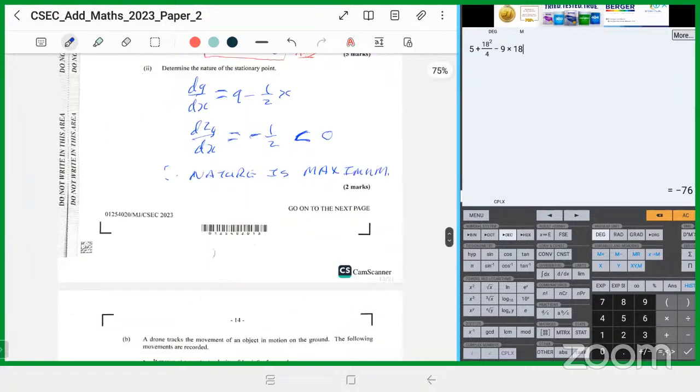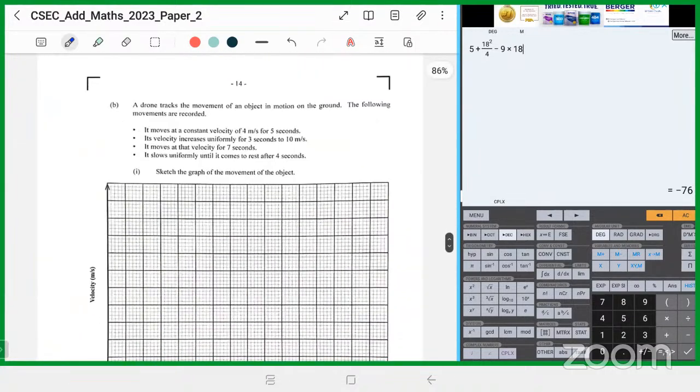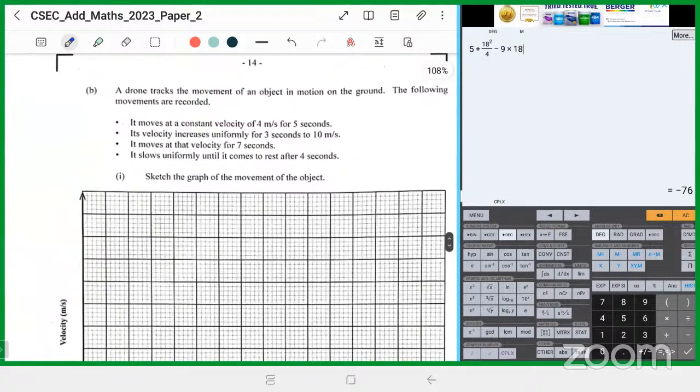All right, next part. It says a drone tracks the movement of an object in motion in a straight line on the ground. It says the following movements are recorded. It moves at a constant speed of 4 meters per second for 5 seconds.